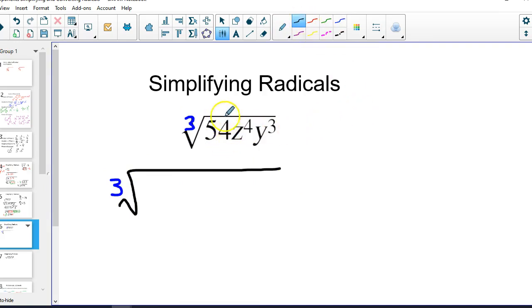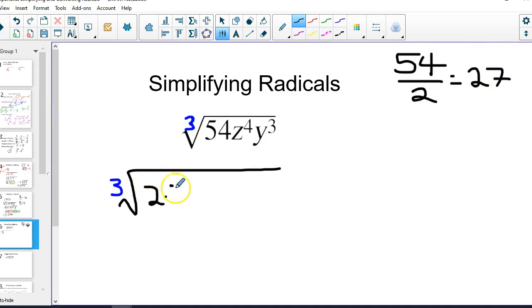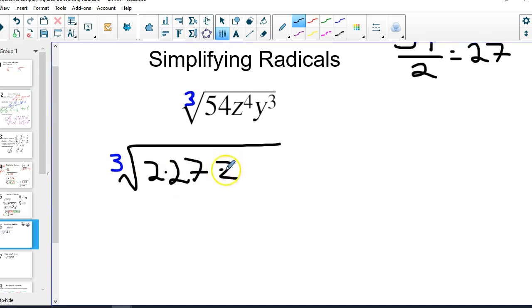Okay, same idea. Let's try to break down this 54. I know that 2 goes into 54 because 54 is even, so I'll divide it out. We get 27. So we have 2 times 27. I'll leave everything else the same for now. We can worry about them in a second.